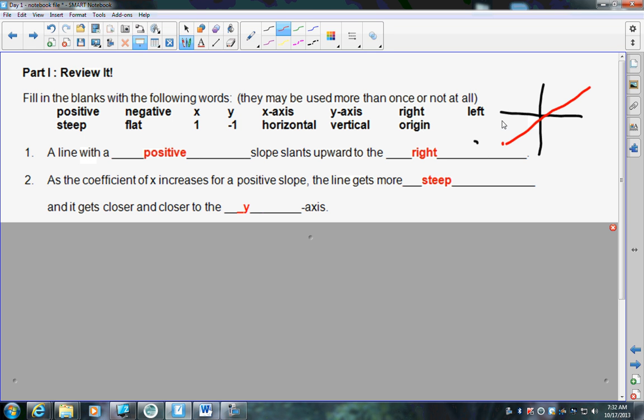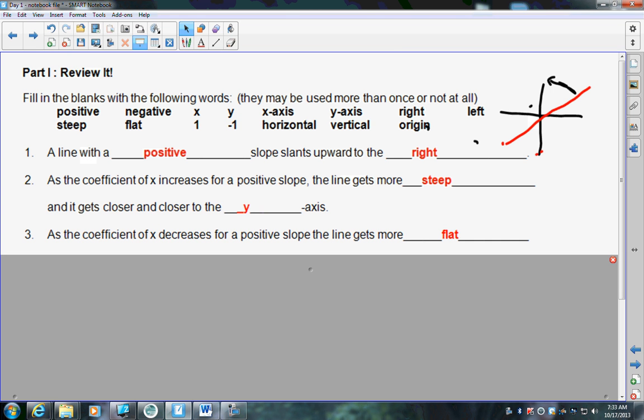So when something gets steeper, this line right here, the closer it gets up here to the y-axis. As the coefficient of x decreases for a positive slope, the line gets more flat.